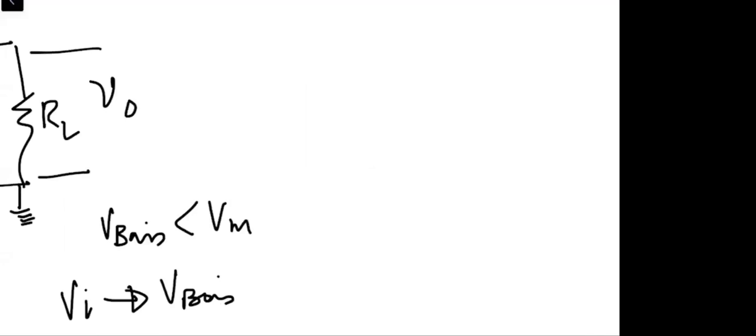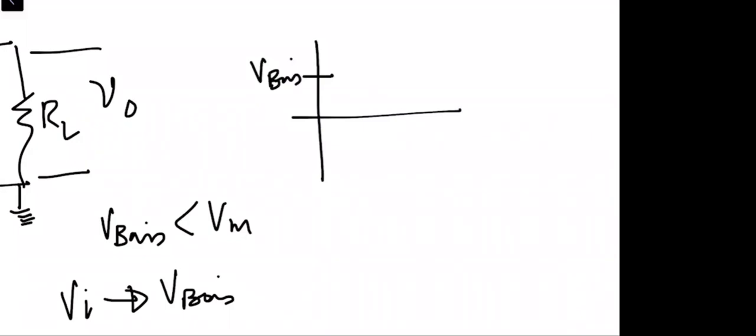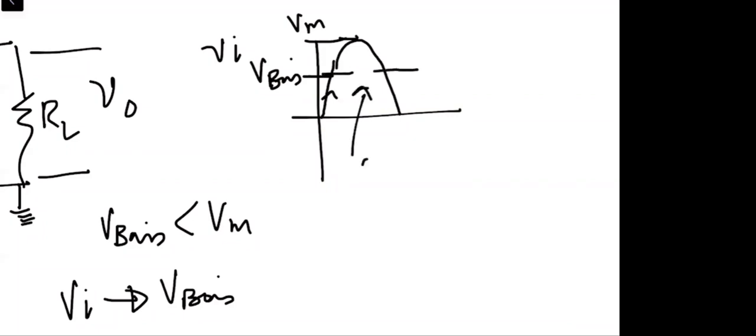If this is the value of V bias and this is VI getting to its maximum value Vm, then as long as VI is less than V bias, the diode is in the off state.